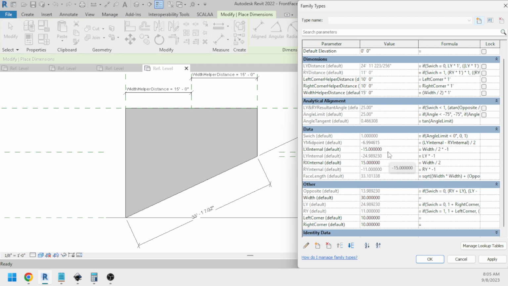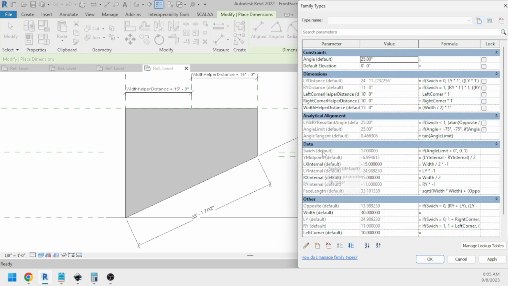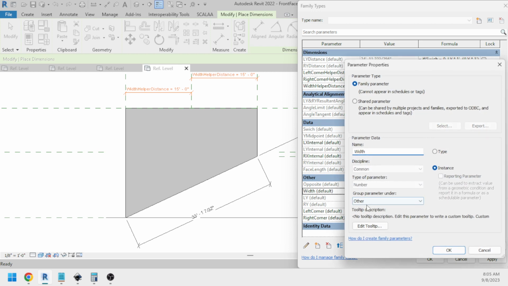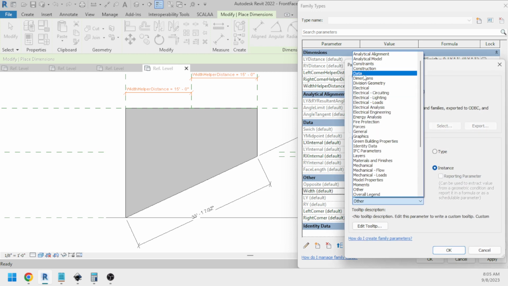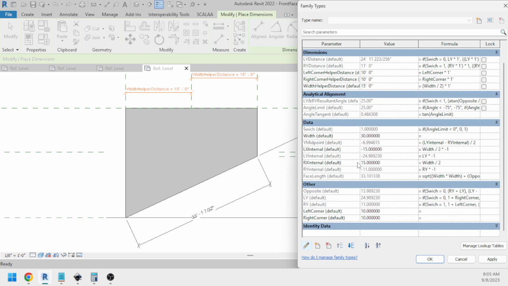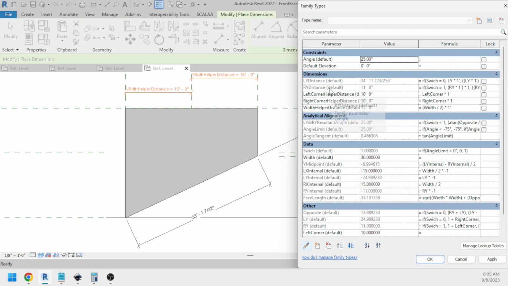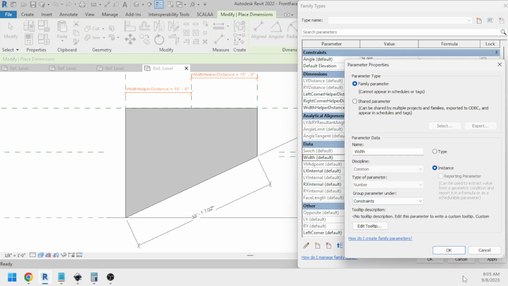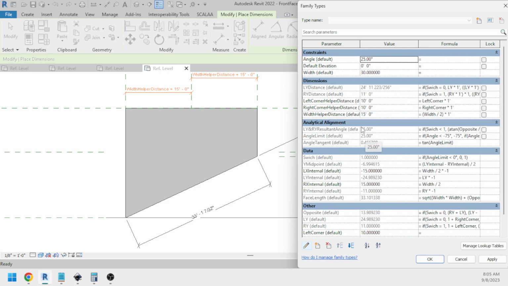So, first of all, I will move this parameter. I haven't defined this yet, but I will do this to help you see the information better. This must go in constraints. Okay, perfect. So each of these Revit families that are called phases will have this set of parameters.